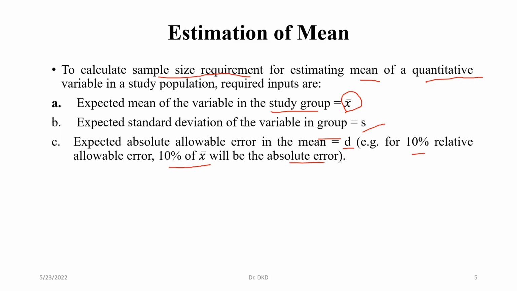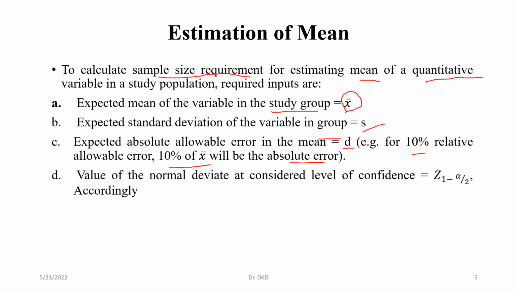So next point, the value of the normal deviate at the considered level of confidence, like 5% level, is denoted by Z1 minus alpha by 2.